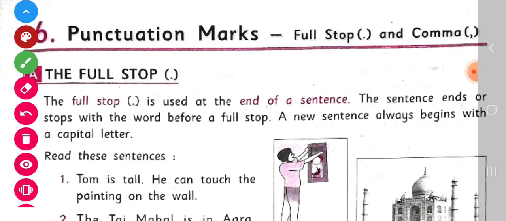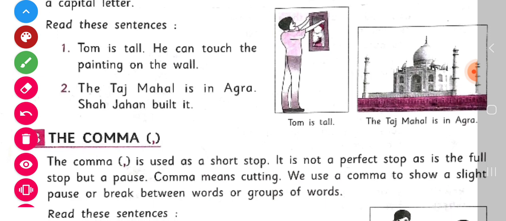Okay, and the next sentence is the Taj Mahal is in Agra, and after Agra you will see there is a full stop. This is the full stop. Okay, and Shahjahan built it. After it you will see there is a full stop. Okay, this is called full stop.